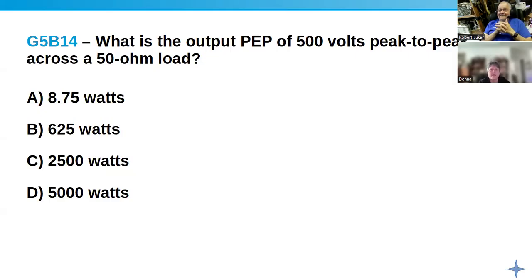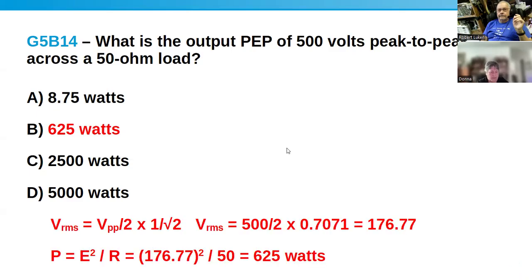I picked up numbers that are not even on there. So the 500 volts peak to peak. That would be 250 peak times 0.707, which is going to be somewhere probably less than 200. So I'm not getting any of these numbers. So work me through this one, please.